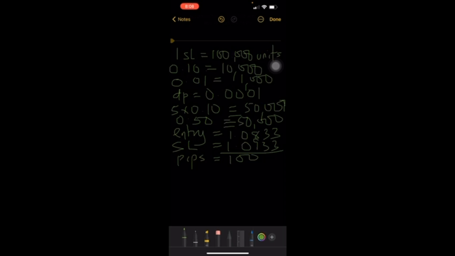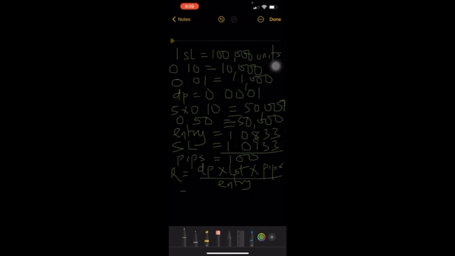Now what we need to find out is our risk. The risk becomes the decimal place multiplied by the lot size multiplied by the number of pips, divided by the entry price.